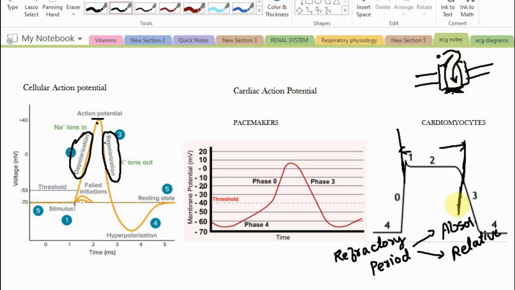But after a certain period of time, slowly the number of these inactivated gates reduces and they open up, and this period is marked by the start of the relative refractory period, where the number of inactivated channels are slowly activated. And over here, a very strong stimulus can move the heart out of its refractory state and again start an action potential. Why am I mentioning all this?